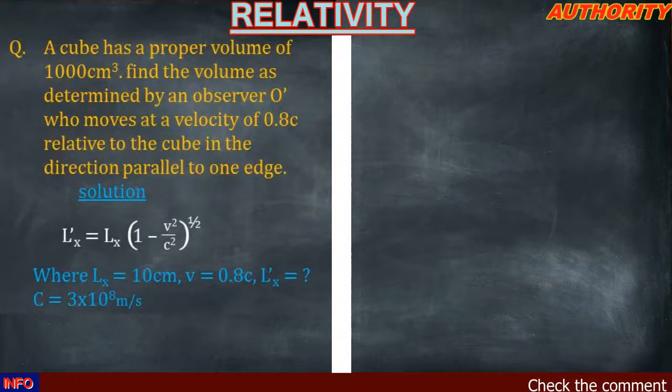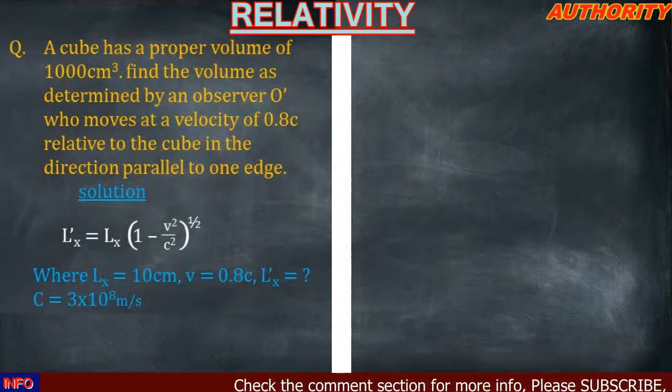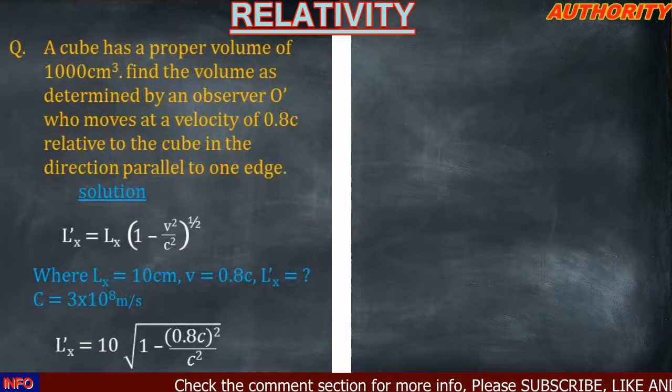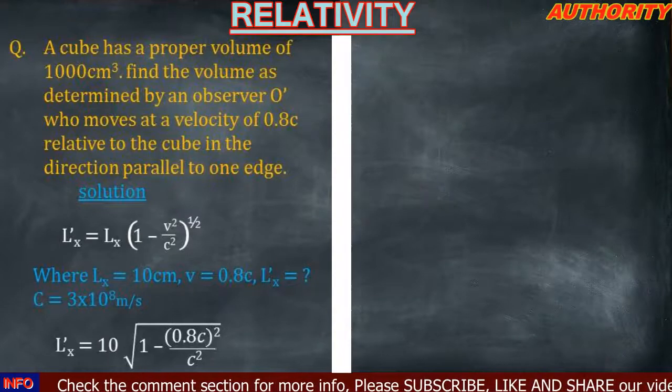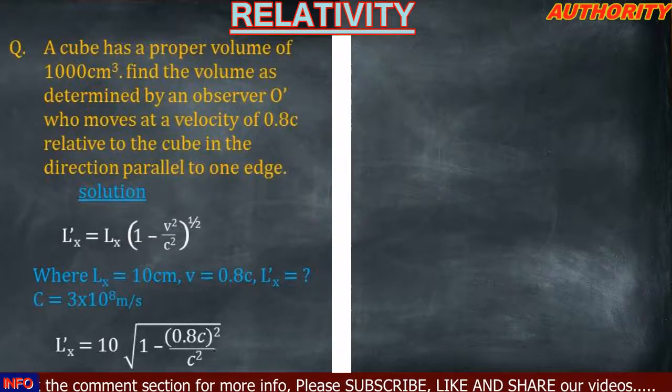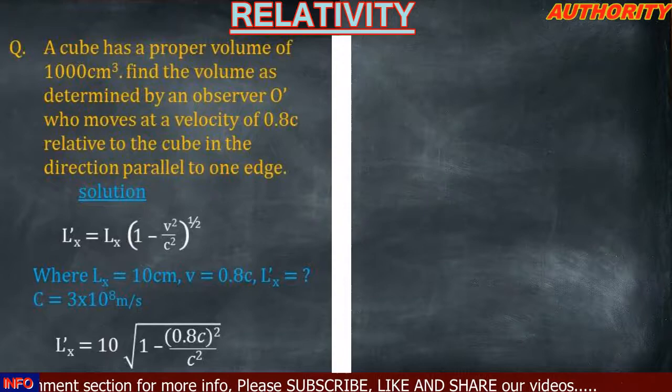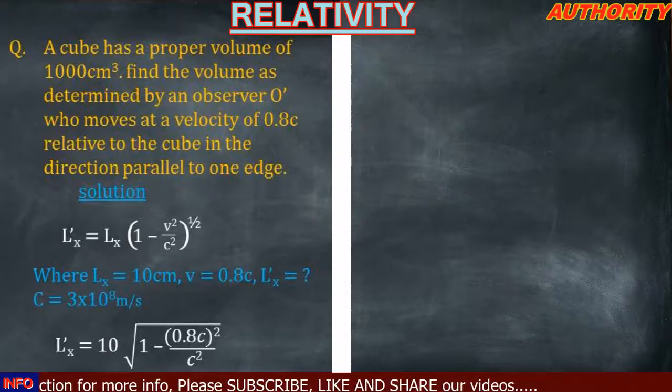We can simply say 3 times 10 raised to power 8. Now we say the contracted length on x-axis, which is L prime x, is equal to, in place of Lx we replace with 10 times square root of 1 minus, we have 0.8 c in bracket squared all over c squared, right?